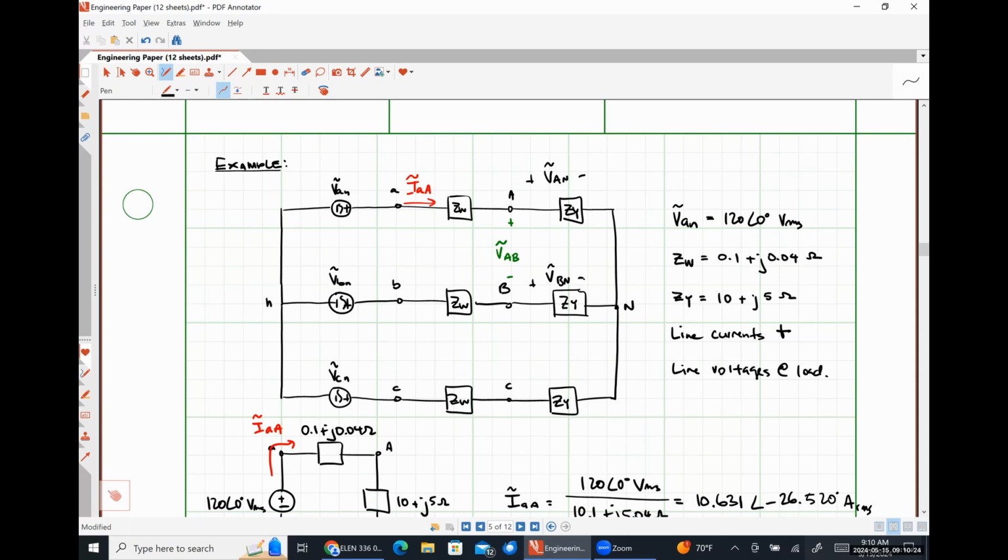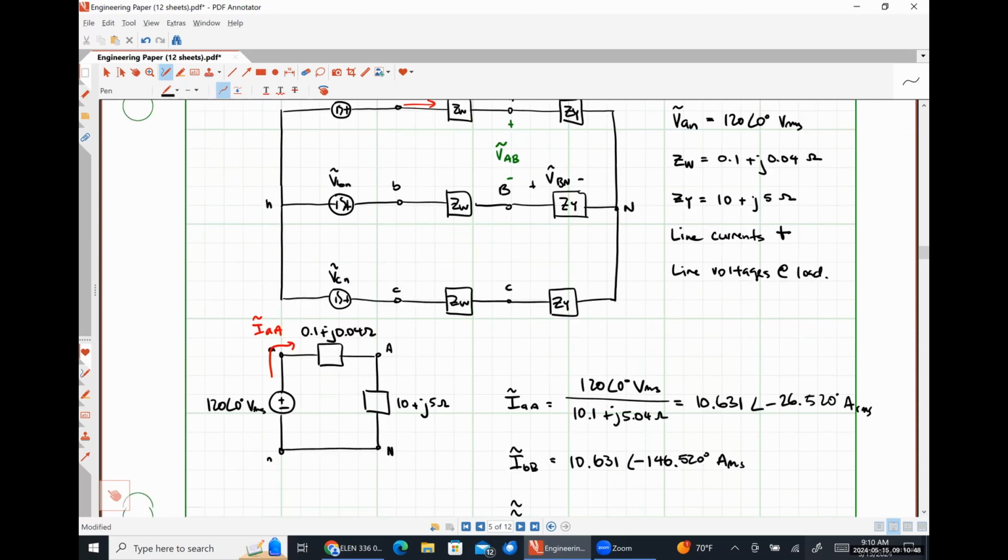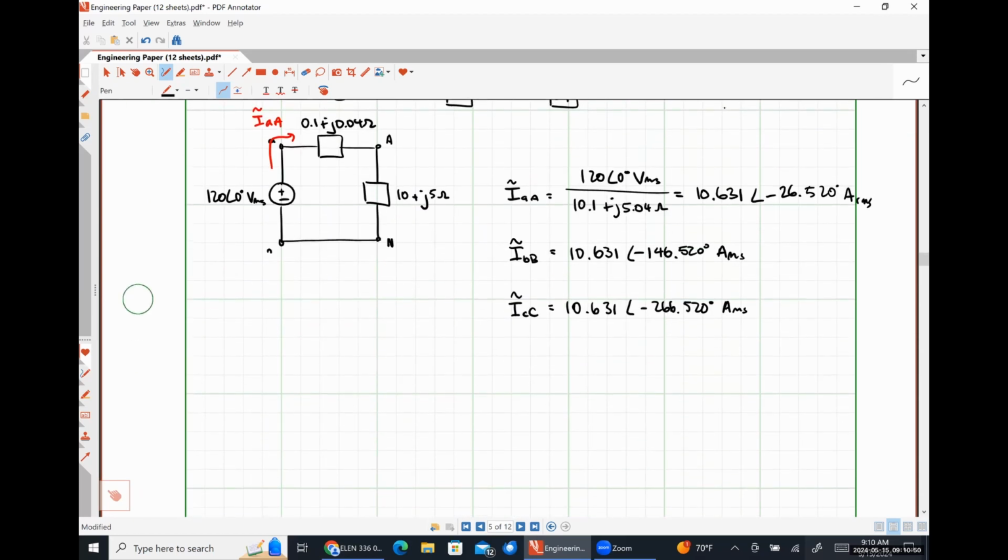I believe wholeheartedly that we can solve for VAN very easily using our single phase equivalent circuit, which means we should be able to solve for VAB as well. So even though we can't solve for it directly, we can solve for something that it's related to directly and then just sort the rest out. Okay. So what would VAN be equal to?